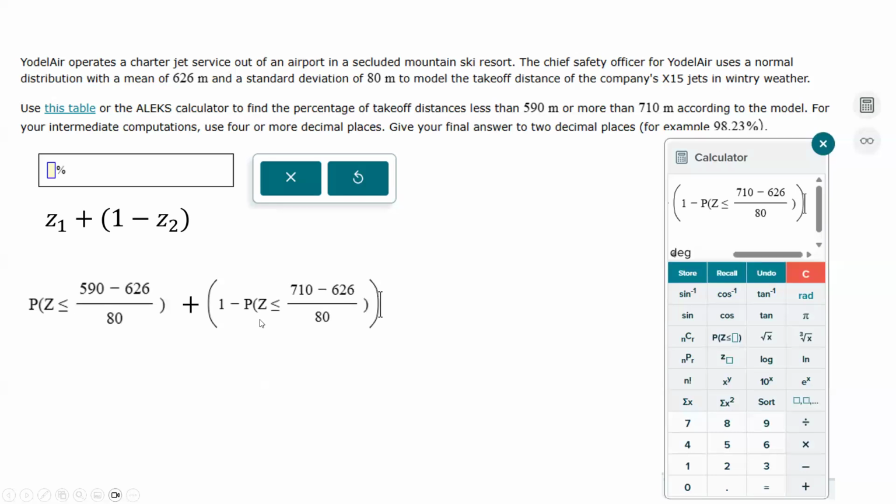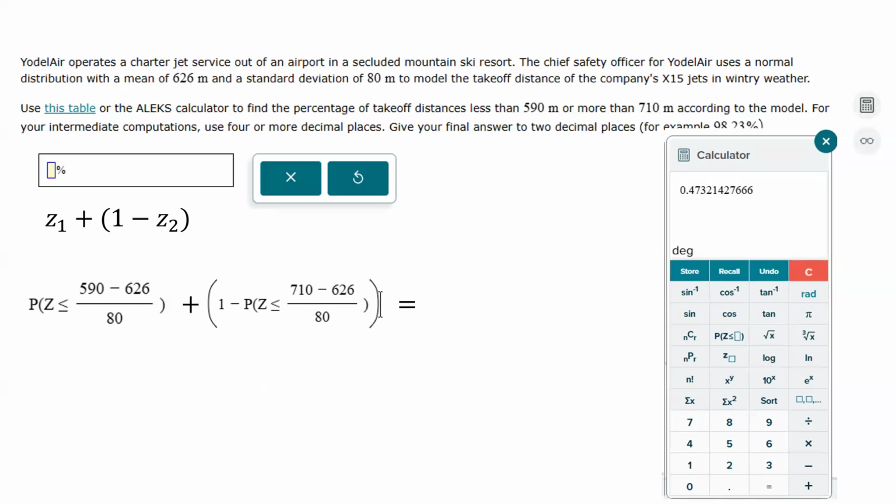So this is what I've put in the calculator, exactly as I put it in. And then I'm going to hit enter, right? Because that's going to give me what I want. So we'll put the equal in. There we go. I get 0.47321427, and then it shows some sixes, which is totally fine.